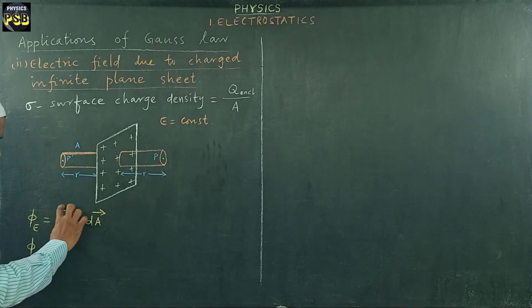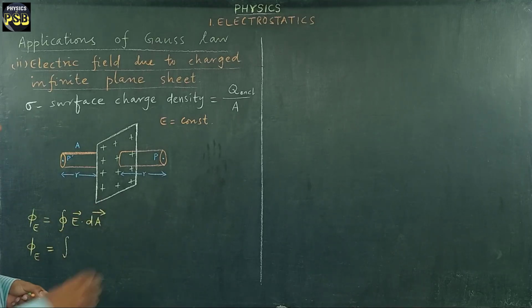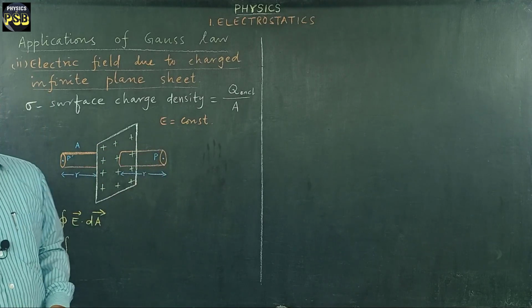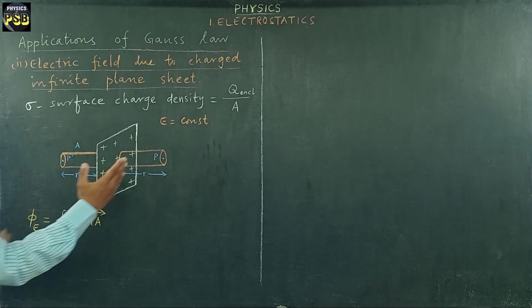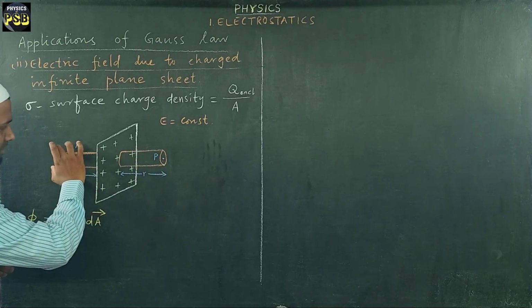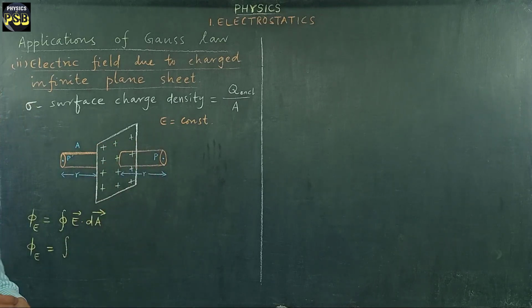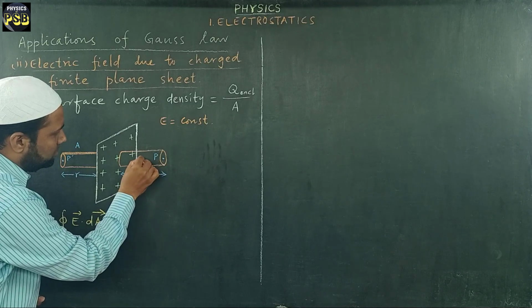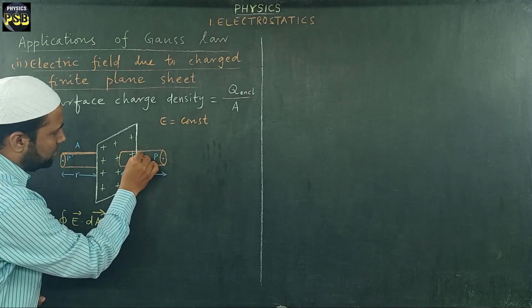Before I expand this, let me tell you something about this cylindrical shaped Gaussian surface. Here it has got three parts. This one part, this another part, and the other one is a curved surface. Here is the curved surface.